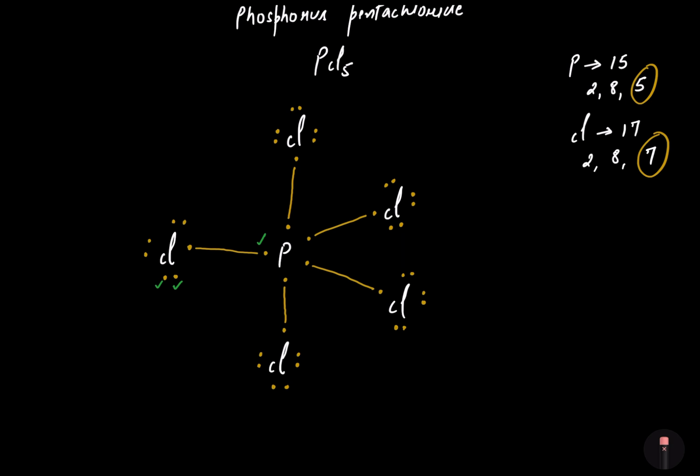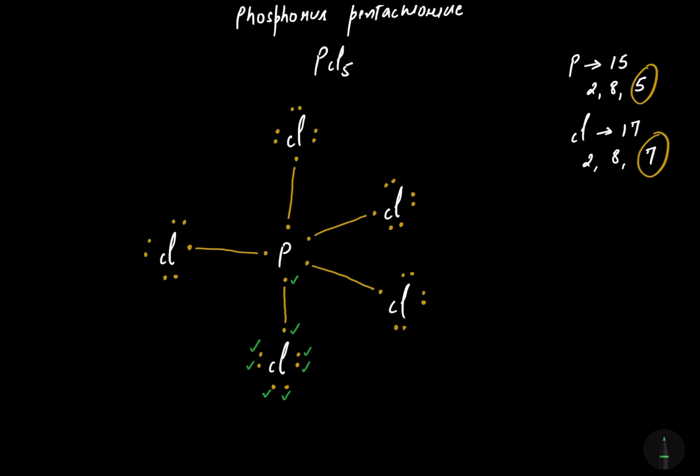Now let's count the number of valence electrons for the second chlorine: first, second, third, fourth, fifth, sixth, seventh, and the eighth. That means the second chlorine has also attained octet.